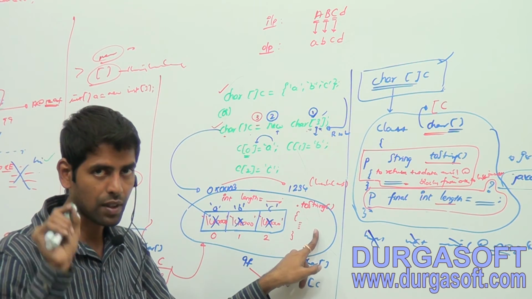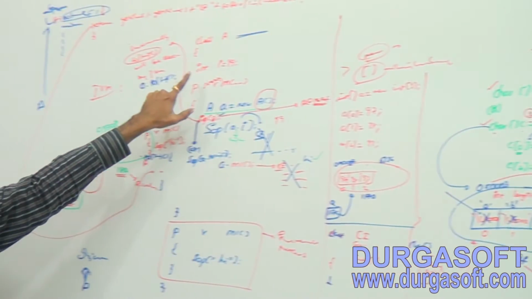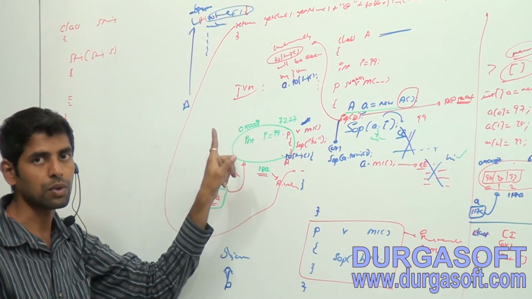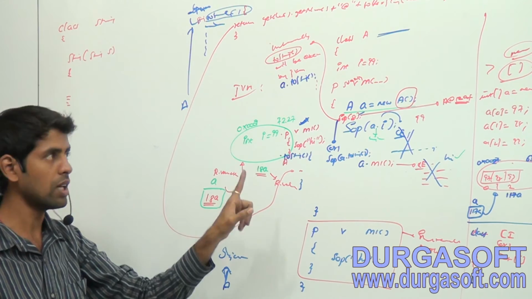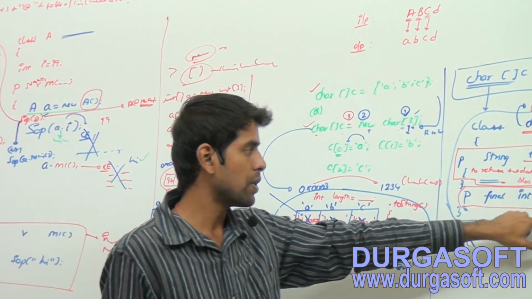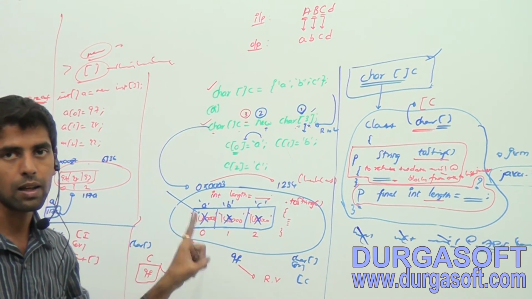And this is an instance variable; even that variable is also available within the object. So that's why this length variable is also available within this char array object.